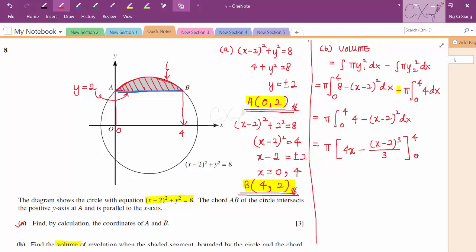First part, 4 multiplied with 4, you get 16. 4 minus 2 is 2, so 2 cubed you'll get 8, so 8 over 3. Then minus, now you substitute 0 into the equation, so you're having 0. Substitute 0 here, then you will have plus 8 over 3.